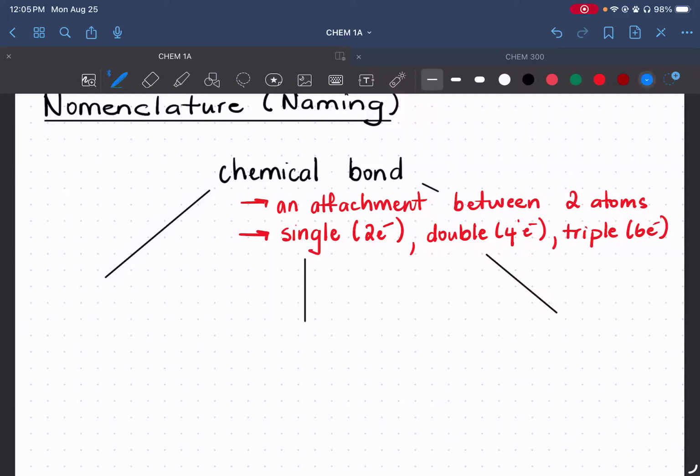Number one is an ionic bond. An ionic bond can be described as the bond between a metal and a non-metal, here abbreviated as M and NM.